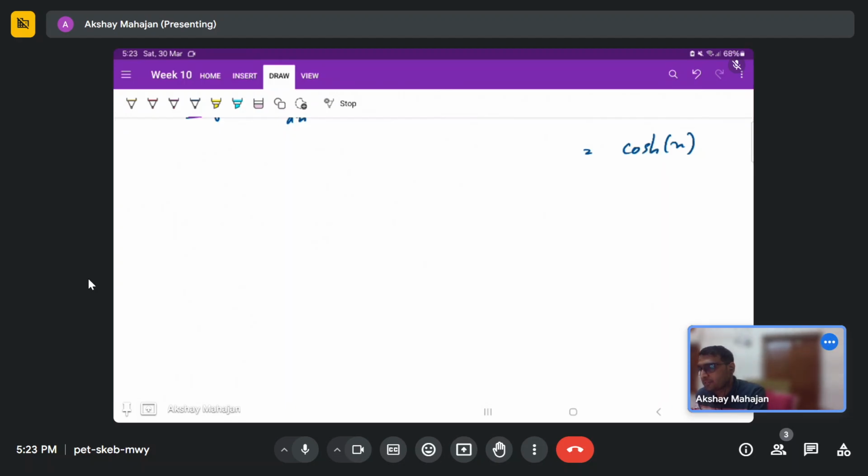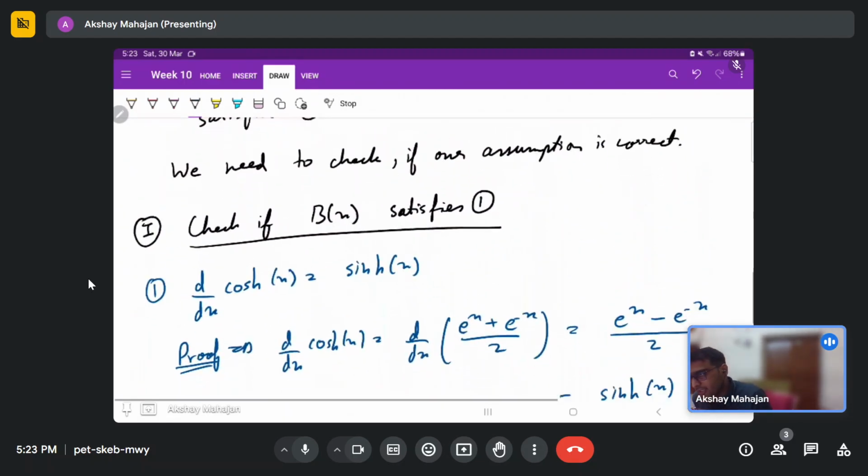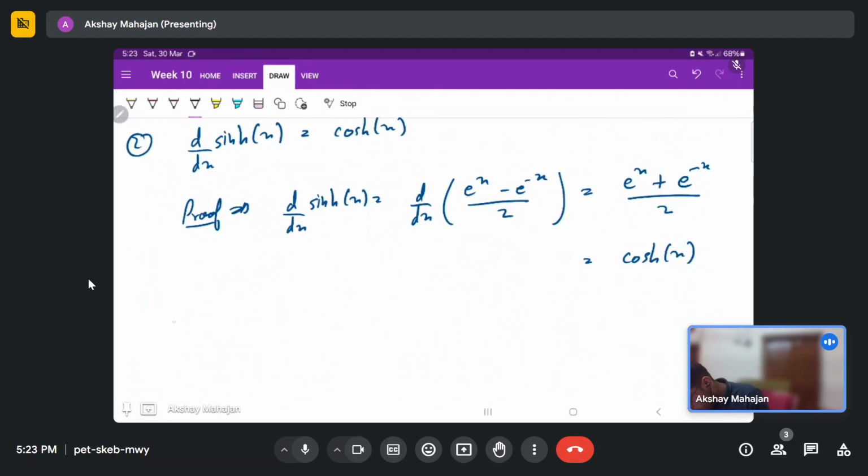Now let's continue with our problem. Okay, so this is our equation now. First we need to check that whatever our B of x is, it satisfies this. So let me write again.